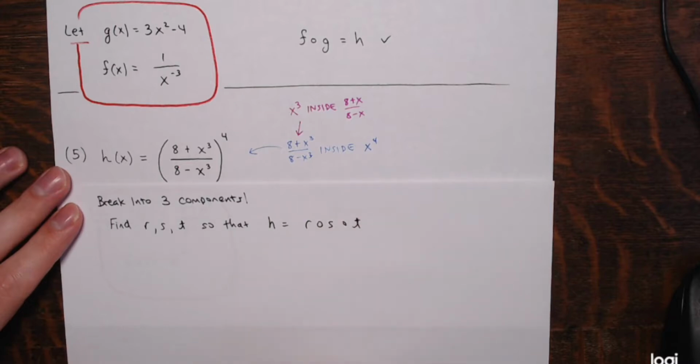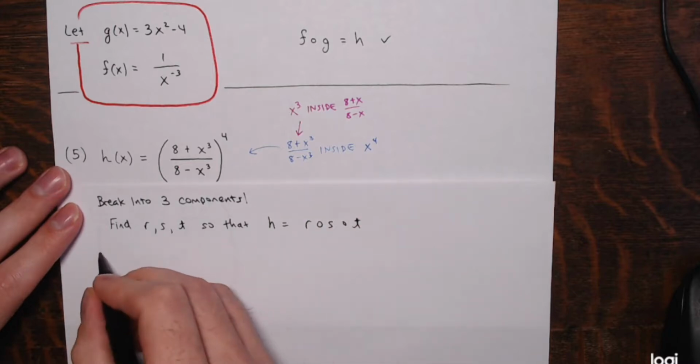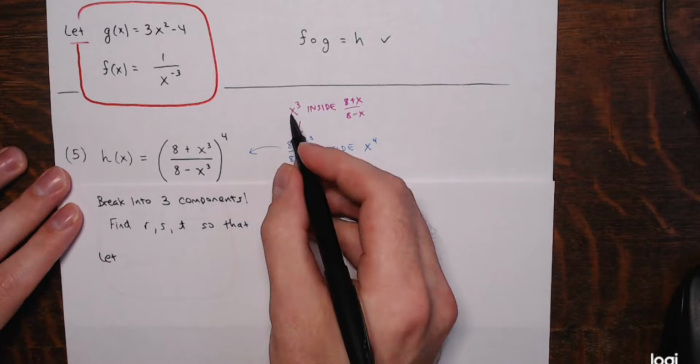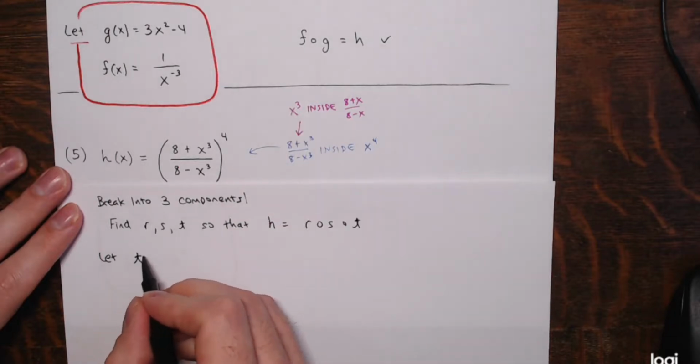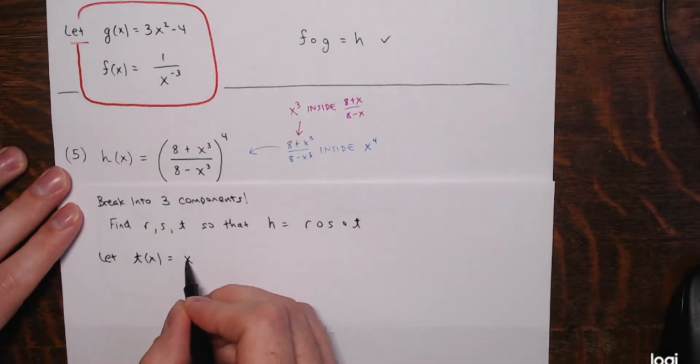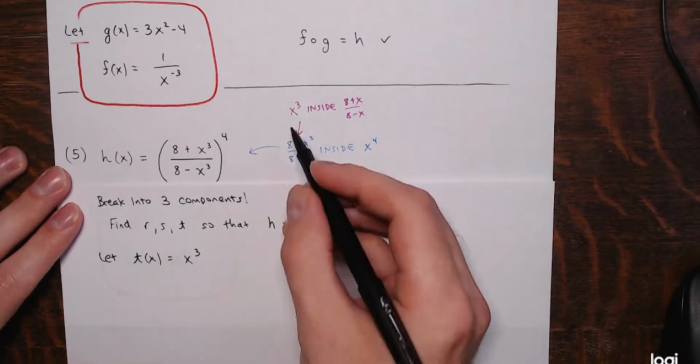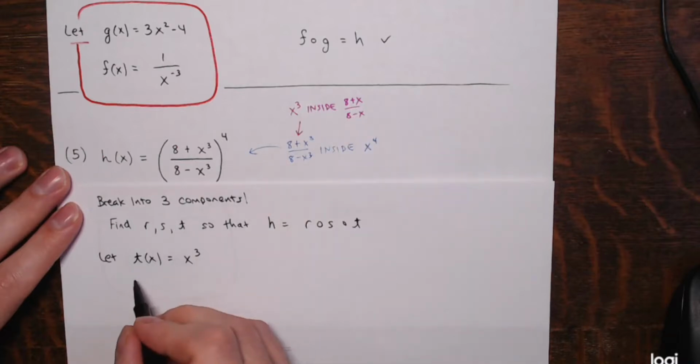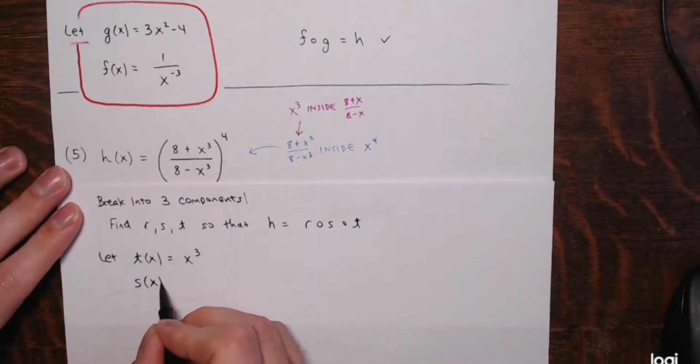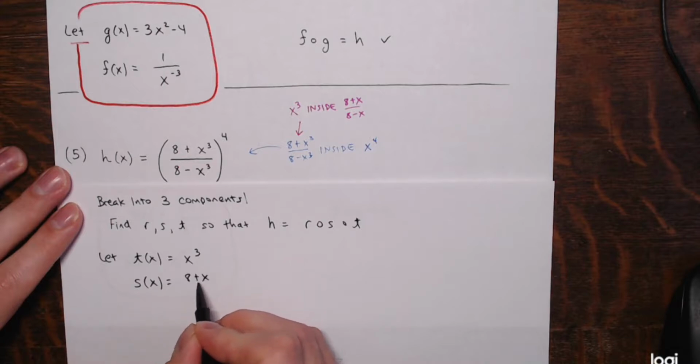All right. So here the furthest inside, as I mentioned, was this x cubed. I'm going to let t of x equal x cubed. And then that's inside 8 plus x over 8 minus x. So that'll be the next one. s of x equals 8 plus x over 8 minus x.